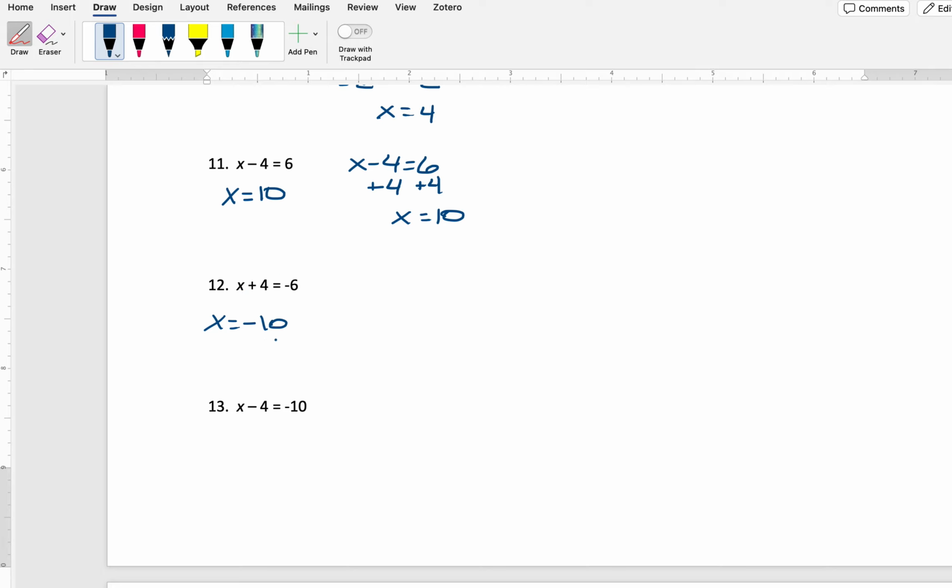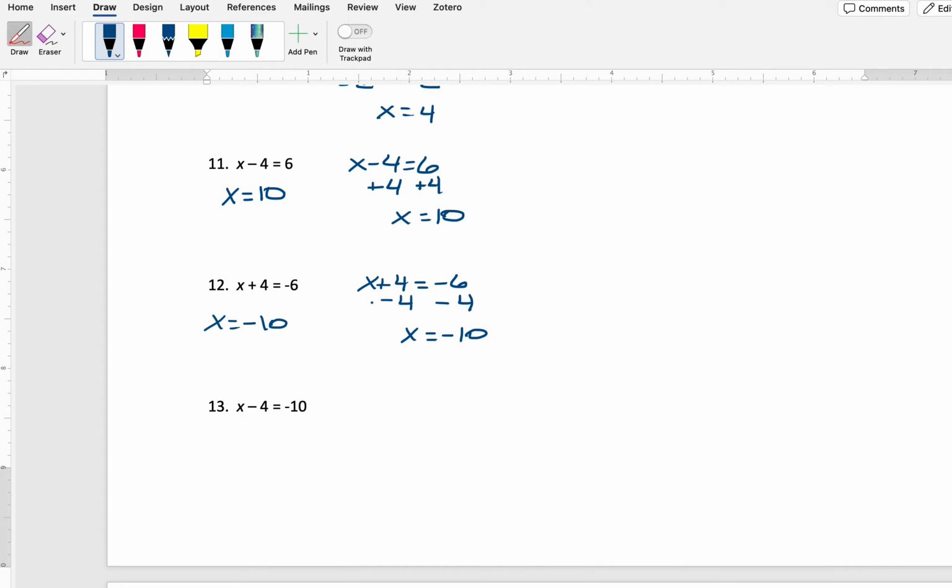So if it's negative 10 degrees and it warms up 4 degrees, it's going to be negative 6 degrees. So x plus 4 equals negative 6. To get x by itself, I subtract 4 from both sides, and I get x equals negative 10.